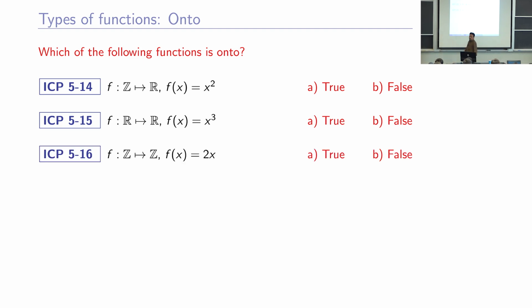Okay, f of x from integers to integers, f of x is 2x. Is this onto? Can somebody say what it means for this function to be onto? I want to hear from those people. The last row, the green shirt, can you tell me? What does it mean for this function to be onto?